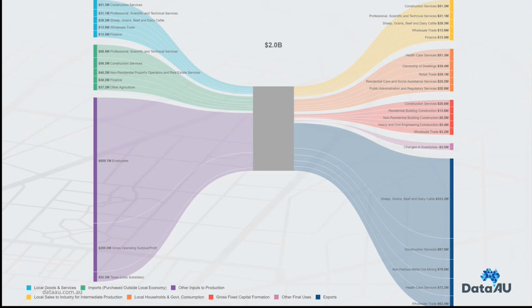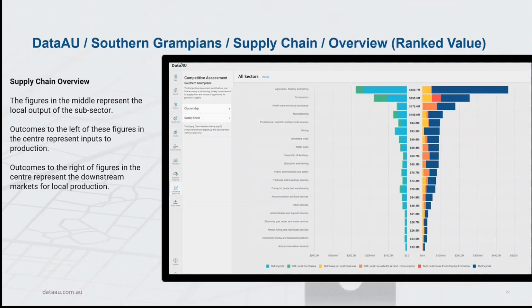So a lot of information. Each of these different colour shadings would have 19 ANZSIC sectors contributing to it. What we've done is simplify that to show you the top 5 within each of those categories: upstream, downstream, imports out of the local economy or exports out of the local economy as well. You can see a lot of activity there as well.